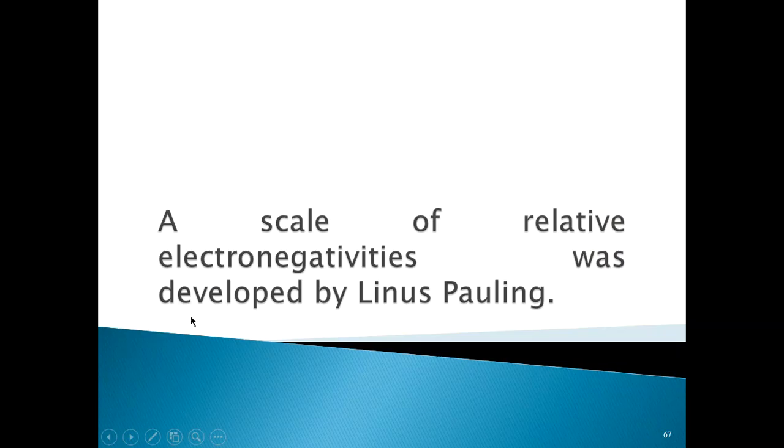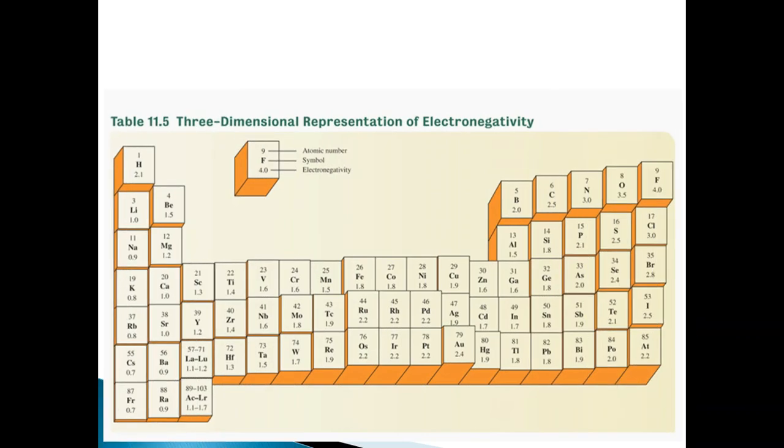Now, as far as electronegativities are concerned, there are different ways of measuring it. I think the best method was developed by a guy by the name of Linus Pauling. He developed a scale which is largely based on thermodynamic data. And based on his scale, he came up with these numbers. There is a similar table that's available in the packet that I've posted online.